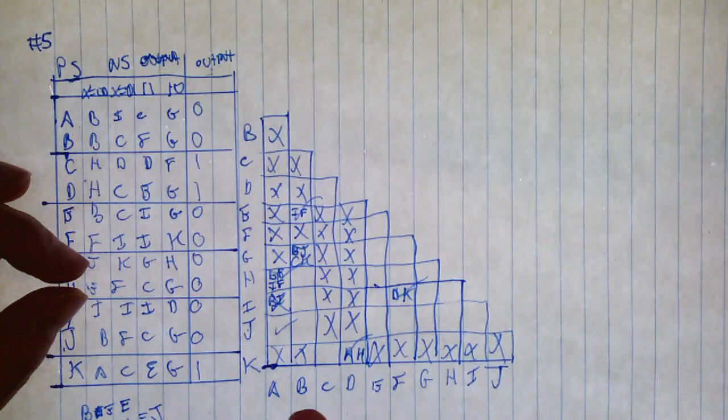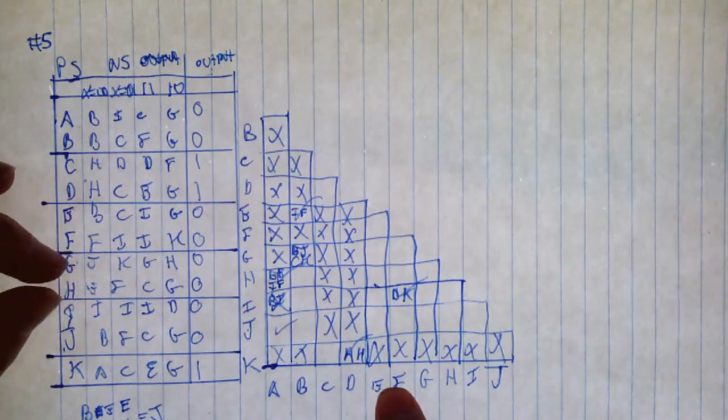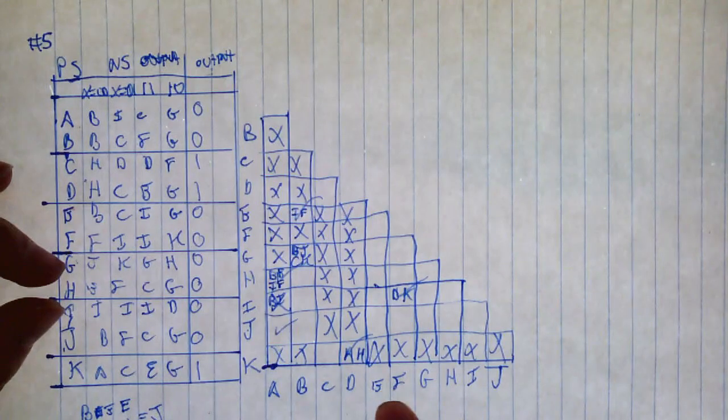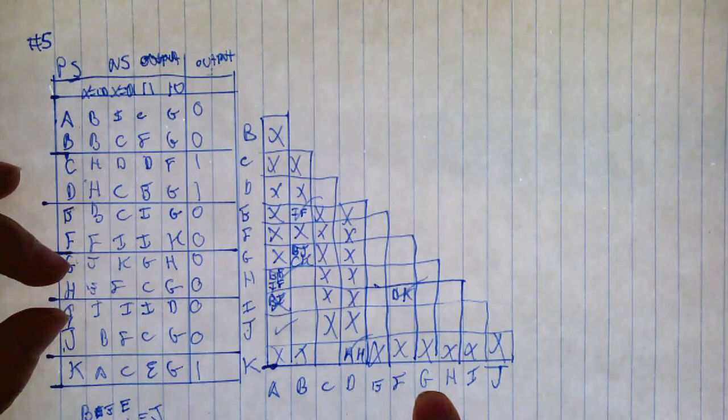K and F. Let's see. K and F is no good. So that means G does not equal I because, let's see, did we do this right? K does not equal I. Right, there's K and I. Here's G and I. So G and I don't equal.